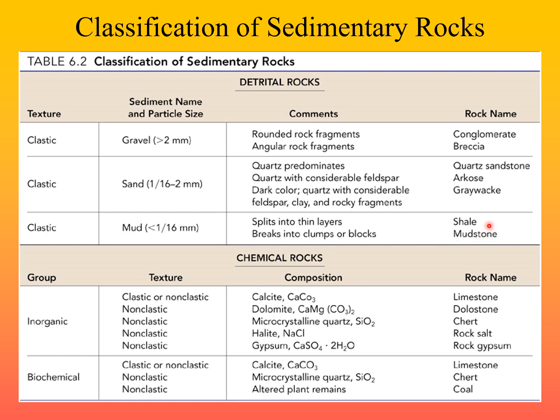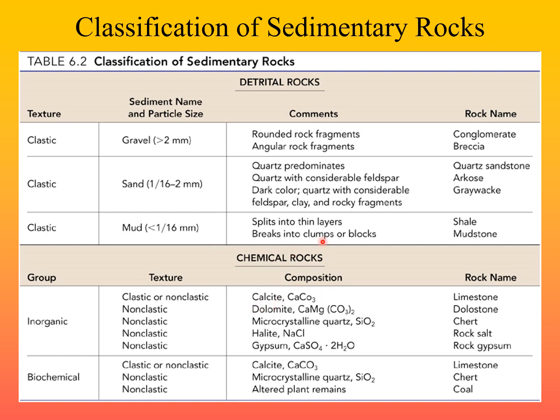And these are your shales, which tend to split into these thin layers, or they can sometimes break into clumps or blocks, and that's your mudstones. And shale and mudstone are very closely related, but shales tell you something about the different environments, which I'll talk about, in which they formed.